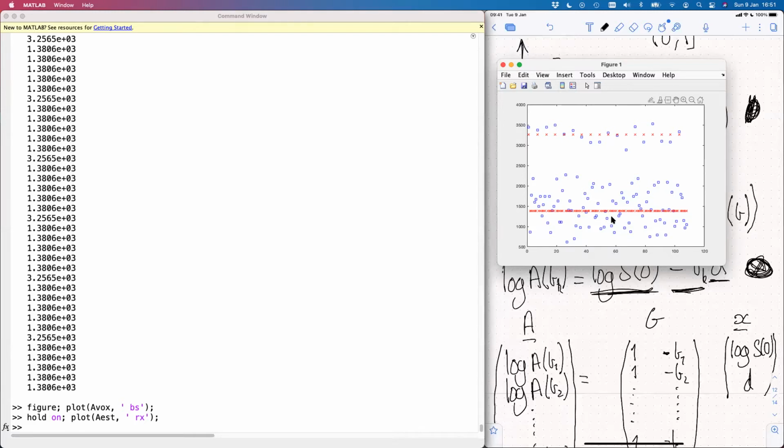We can also work out an error score simply by summing, let's call it sum of square differences, summing the square difference between A Vox and A Est.